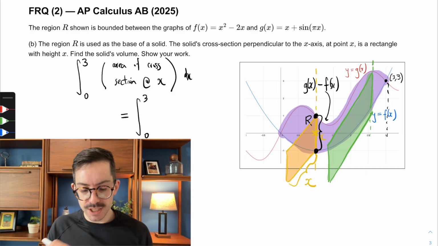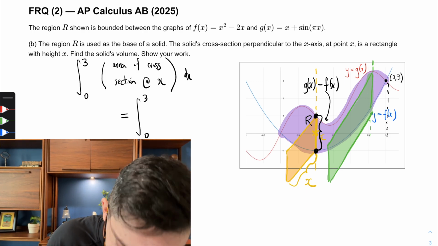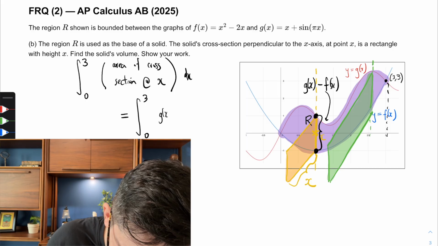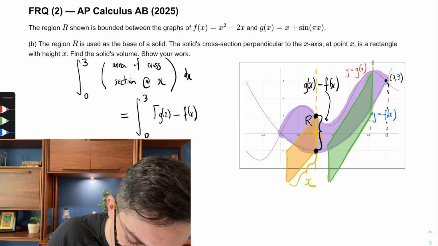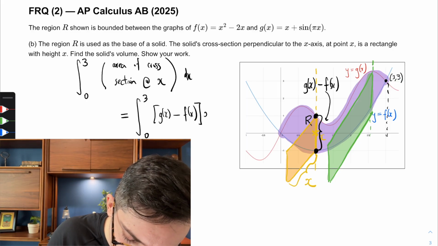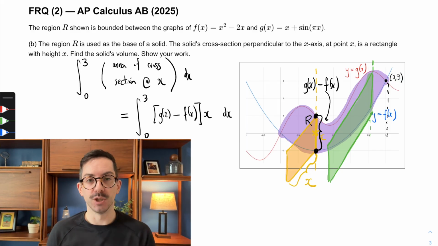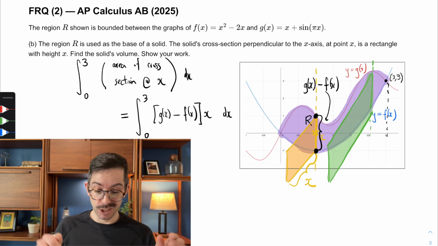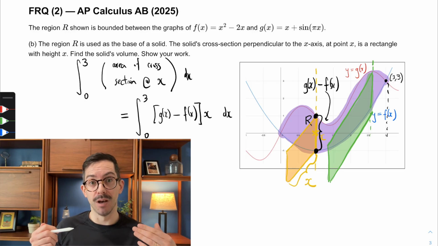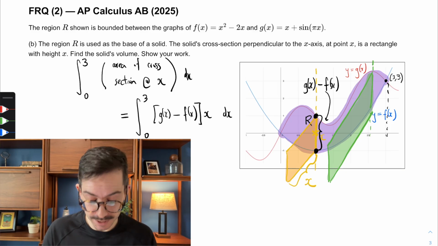I've got the integral from 0 up to 3. Well, I have the one side length I know is g of x minus f of x. Now I just need to multiply that by the other rectangle side length, which is x, and integrate that with respect to x. I could worry about, again, writing down the rules for g and f, but I don't need to. This is perfectly acceptable justification showing of our work for the scoring guidelines.